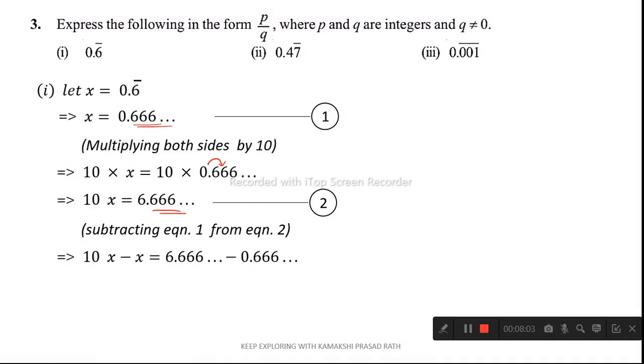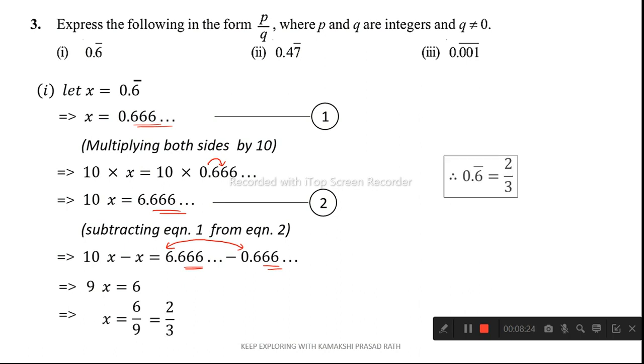Now when you subtract, 9x equals 6, because the decimal part is the same, so we need not subtract that. Only the number part we need to subtract, so that becomes 6 minus 0, 6. Now, shifting, x becomes equal to 6 by 9. Simplified, 6 by 9 gives 2 by 3. So here we can say that 0.6 bar is equal to 2 by 3.